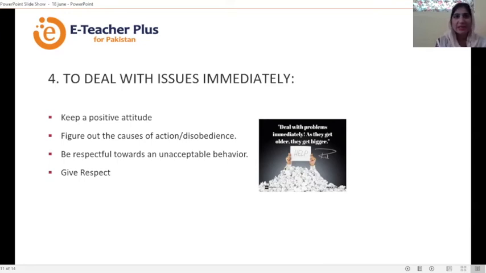Give respect and get respect. Respect and kindness help to create a healthy environment, which is good for learning. As it is said, respect a man, and he will do more. So respect encourages the willingness of a student to do better and better.